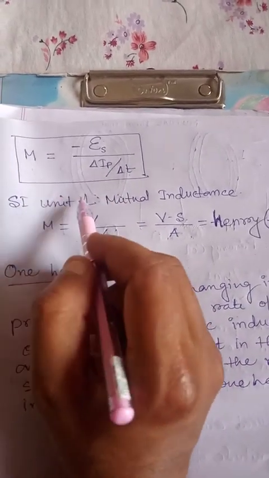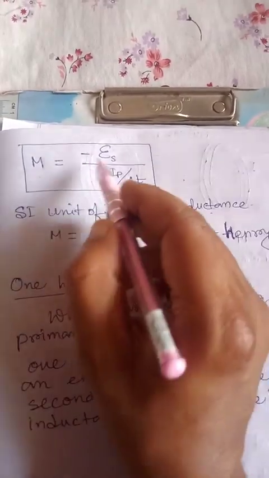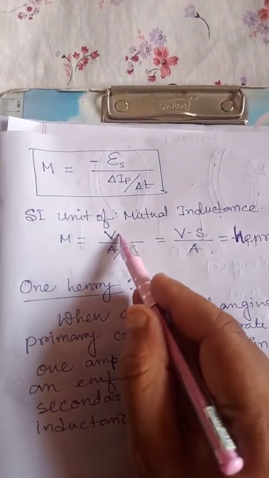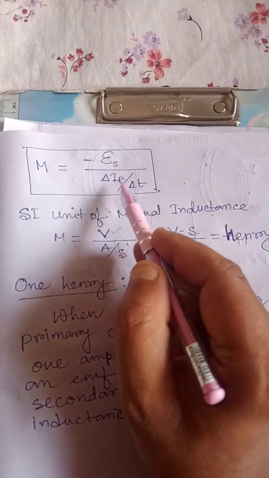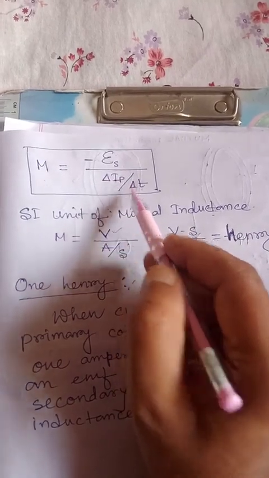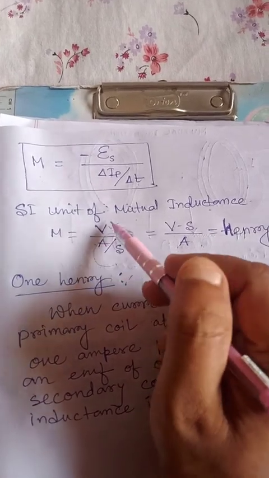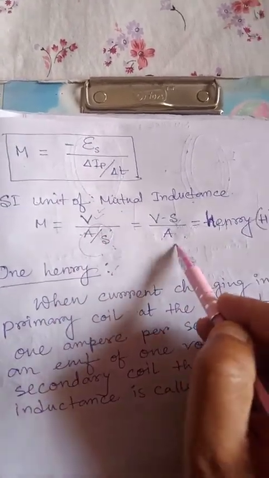So when we find the SI unit of mutual inductance, the unit of induced EMF is volt, the current flowing in the primary coil is in ampere and time is in second, so ampere per second here and volt here, so volt into second divided by ampere.